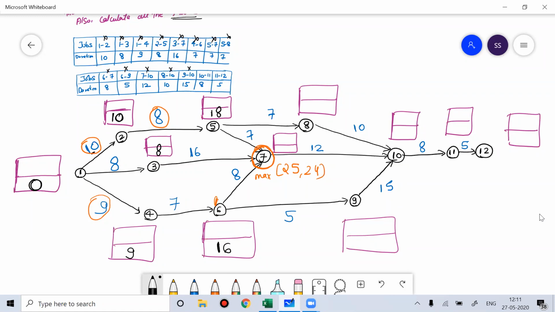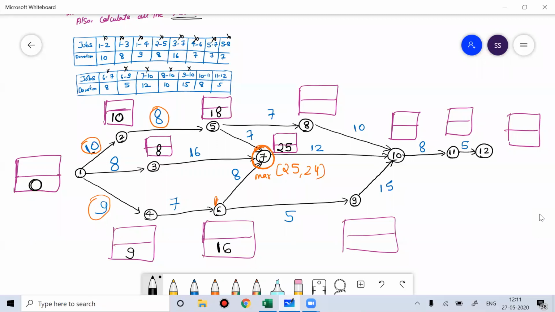You start working on node 7 after 25 hours, because till you finish the 5 to 7 work, you cannot start the other work. I hope you can understand. So what is the earliest time to finish the work there? That would be 25 hours.